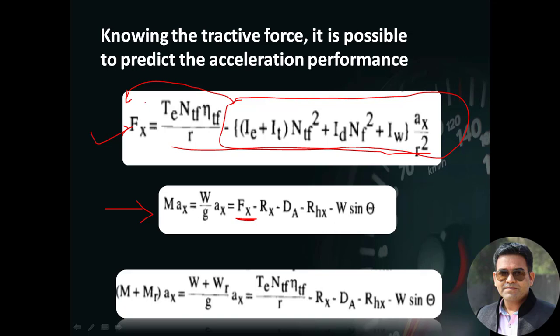So Fx is replaced by the simple term Te Tf eta Tf divided by r, and the total inertia loss comes here in terms of Mr, so it becomes plus, and this Mr indicates the rotational inertia. So this becomes our final equation, with the help of which we can predict the acceleration performance of the vehicle considering power as the limiting factor. That means during high speed conditions we can predict the acceleration behavior of any vehicle.